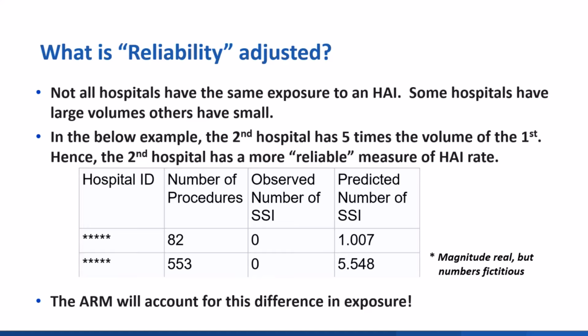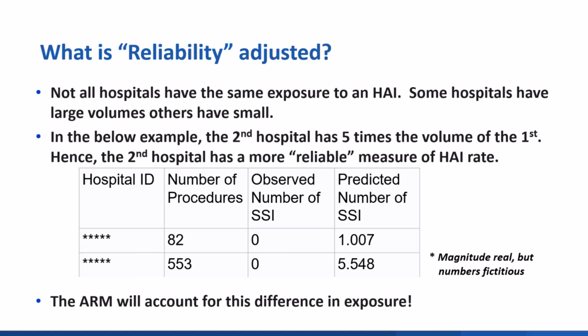So below shows an example of 2 hospitals. And I have a note there that the magnitude here is real, but the numbers are fictitious. So there are similar hospitals to these 2 shown, but we muddled with the numbers. So here's an example of 2 hospitals where the second one has 5 times the volume as the first hospital.